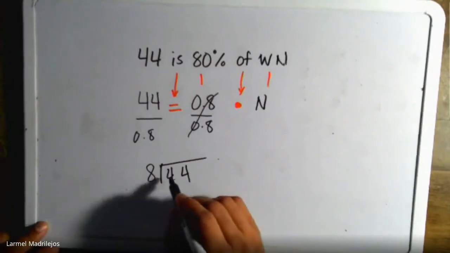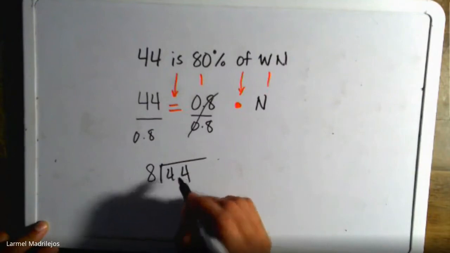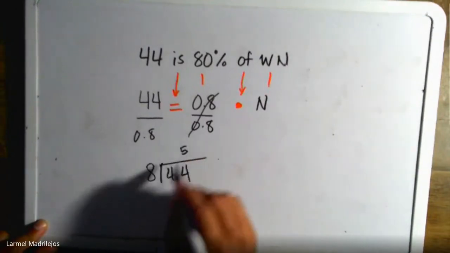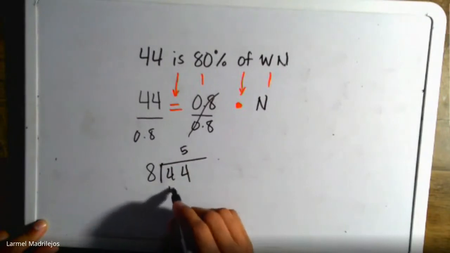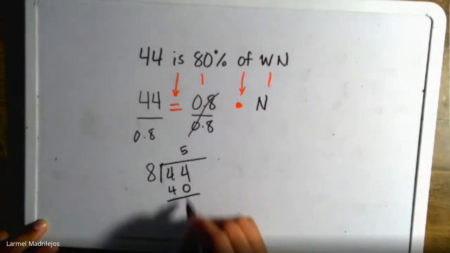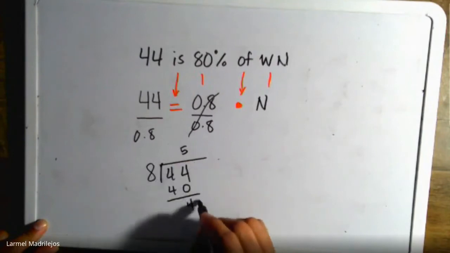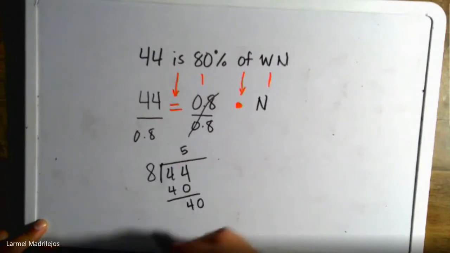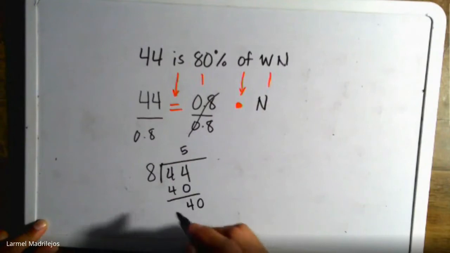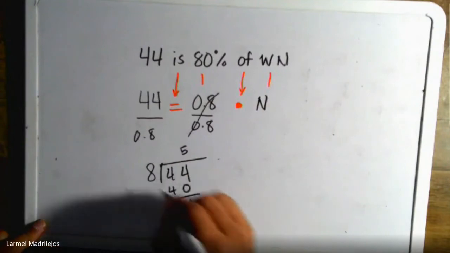So how many 8s in 44? You get 5. 5 times 8 is 40. Drop down the 4, add 0. How many 8s again in 40? 40 divided by 8 is 5.